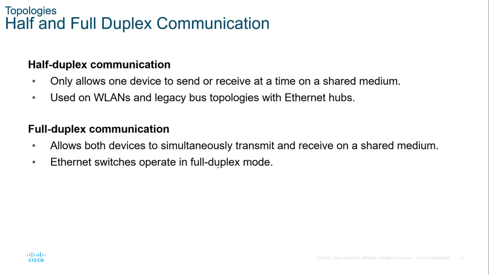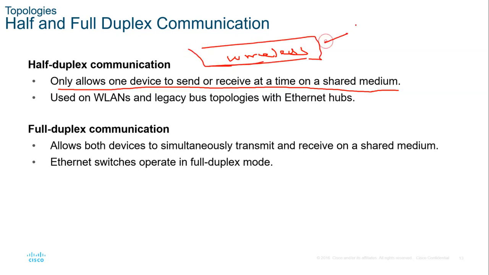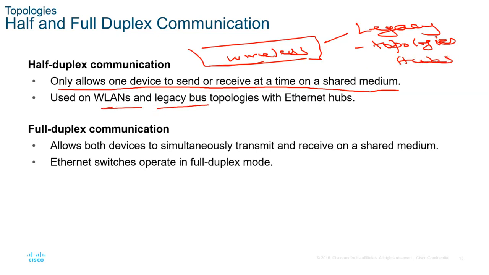But those are legacy. With half duplex communication, only one device is allowed to send and receive at a time on a shared media. It's common on wireless because it's a shared media, and even on legacy topologies where they used hubs, and the legacy bus.